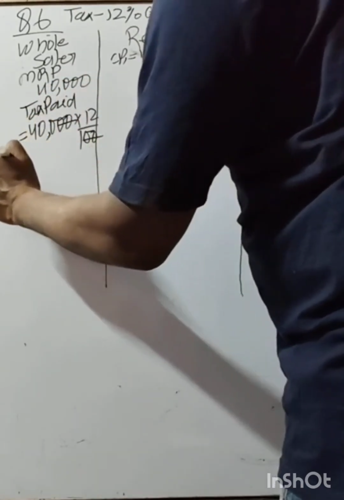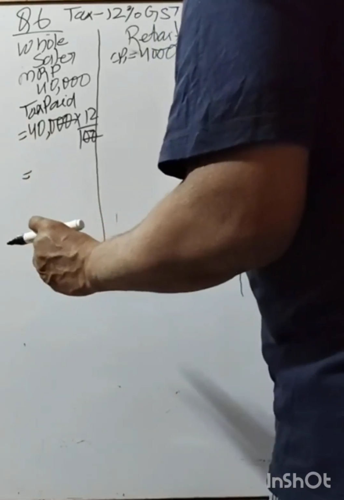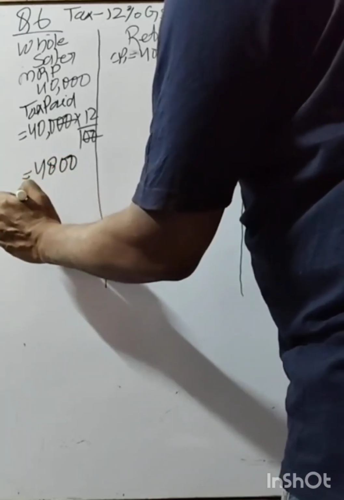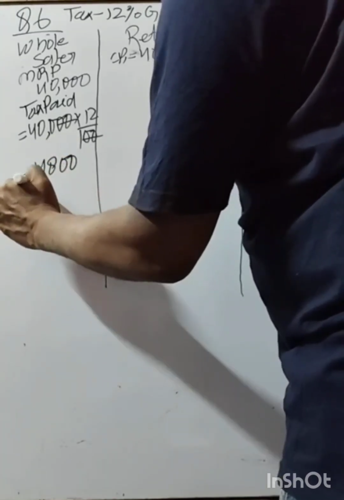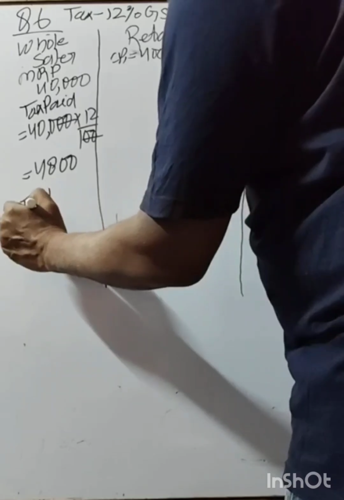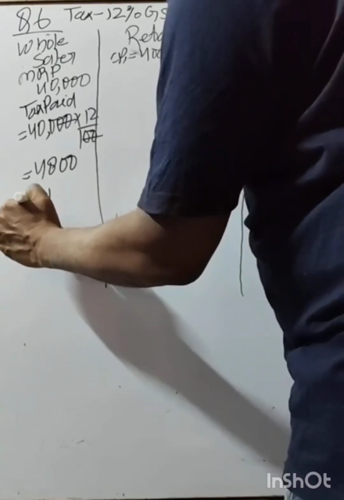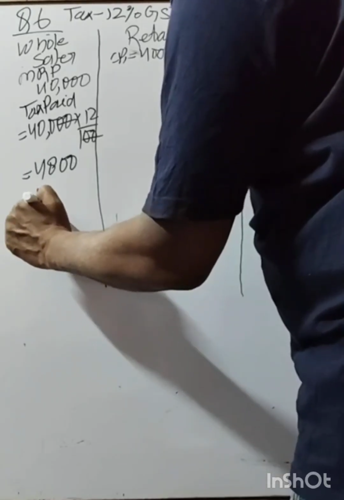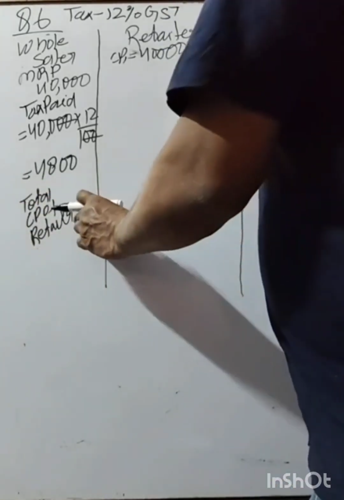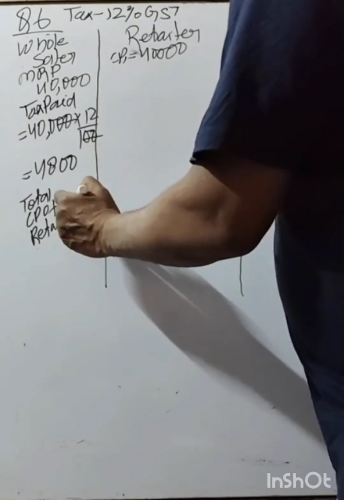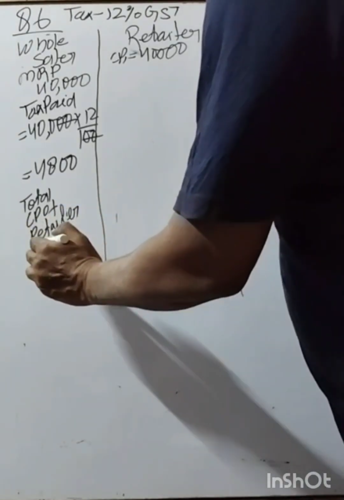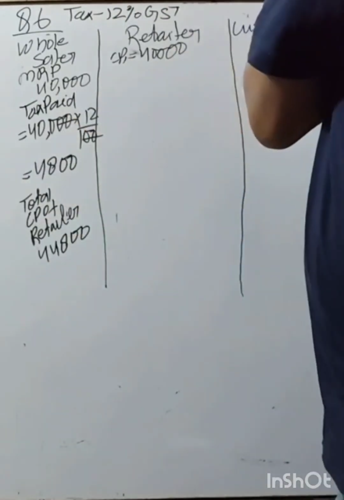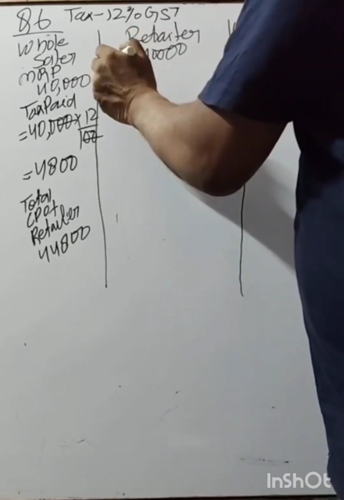Zeros cancel. 4 times 12 becomes 48. 4,800. Total CP of retailer is 44,800.